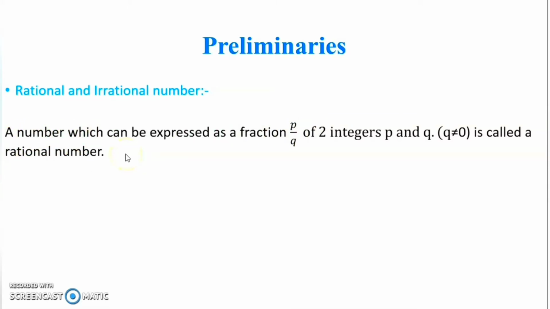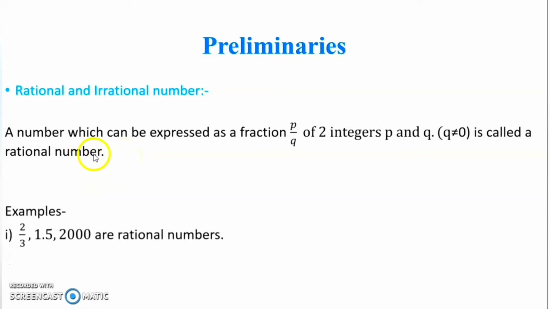So let me show you some examples. For example, if you have a number 2 upon 3, here both are integers 2 and 3 and this is in fraction form, so this will be a rational number. Now 1.5 is in the decimal form but still this can be written as 3 upon 2, which is a fractional form, so this number 1.5 is also a rational number.